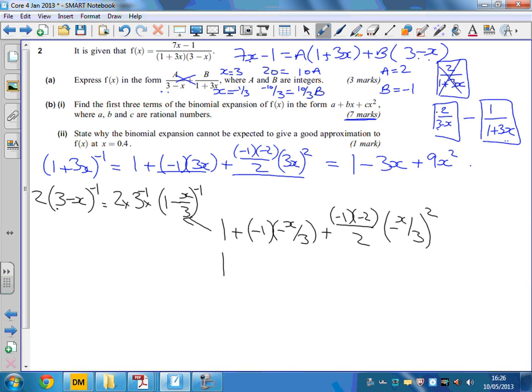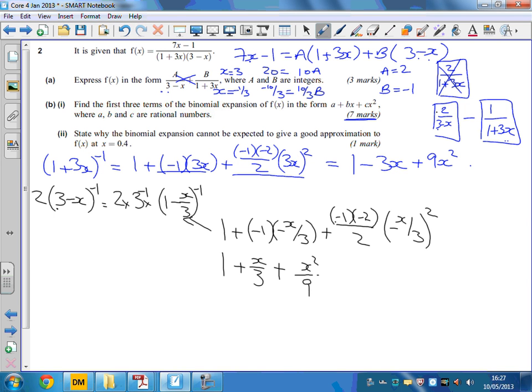Working out that, we've got 1 minus minus is plus x over 3. Minus minus minus minus, still plus. We've got x squared. How many x squareds? We've got just x squared over 27, haven't we? Because they're just cancelling out again. Not 27, 9. 3 squared's 9.